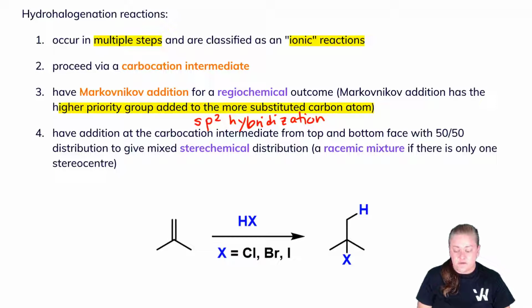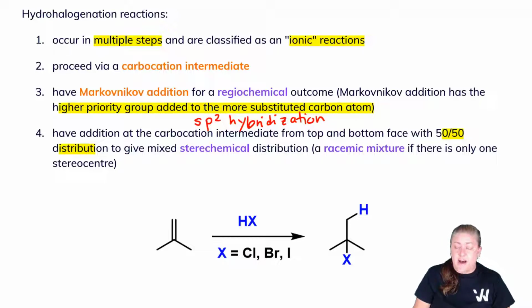This means that we'll have a resultant 50-50 distribution to give a mixed stereochemical outcome. So regiochemistry is dictated by Markovnikov addition, and stereochemistry is dictated by top and bottom face of the carbocation being attacked.